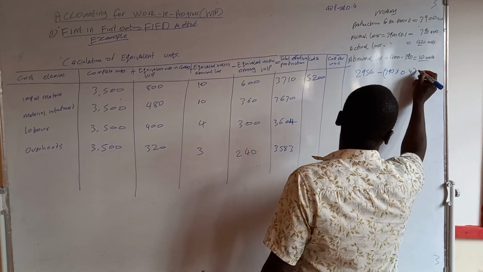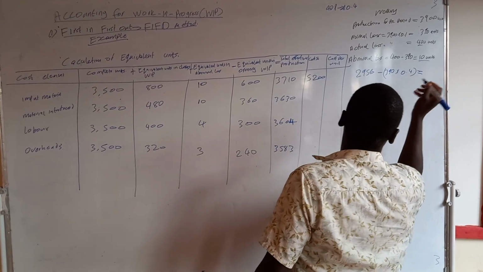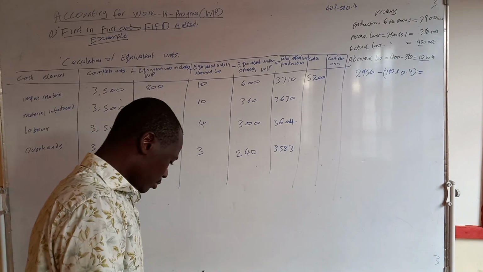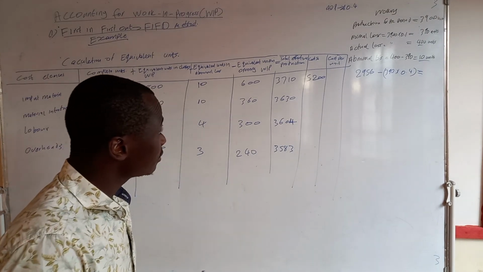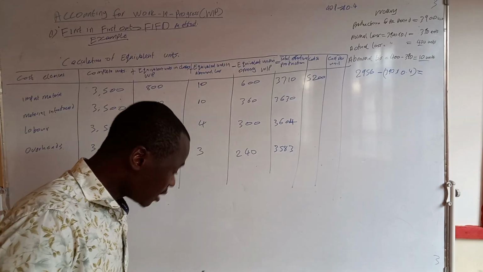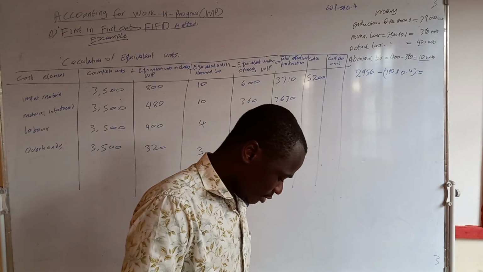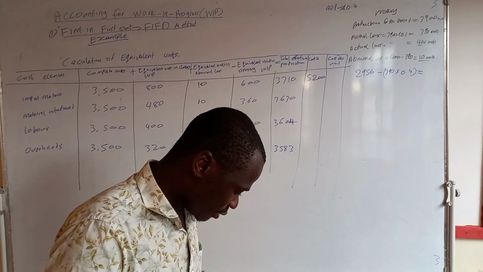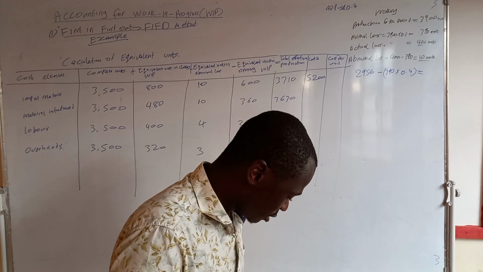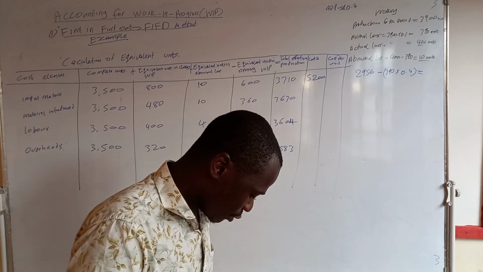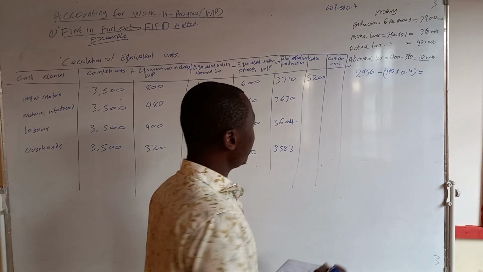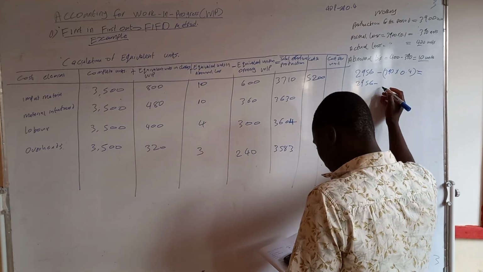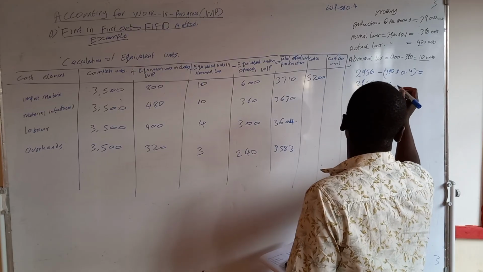Let us do the math. 90 times 0.4, so this is 2,956 minus 156.